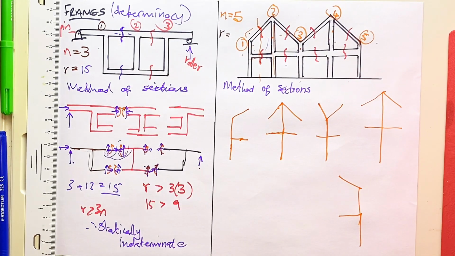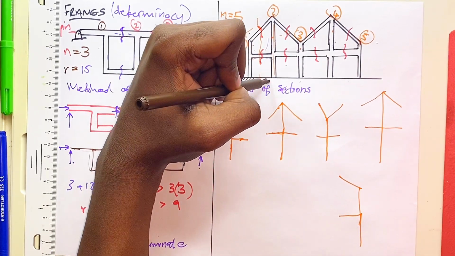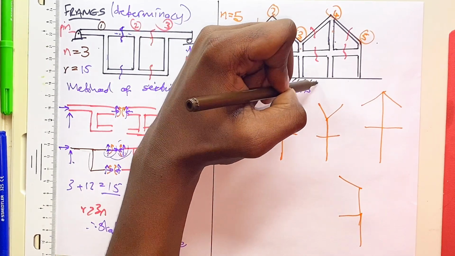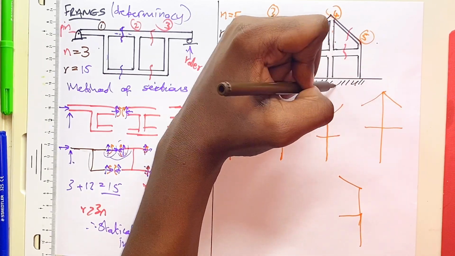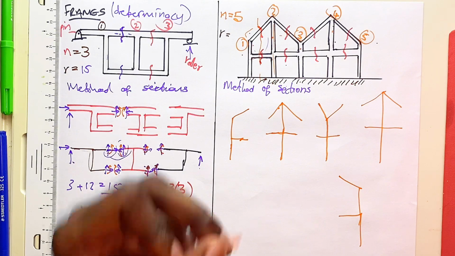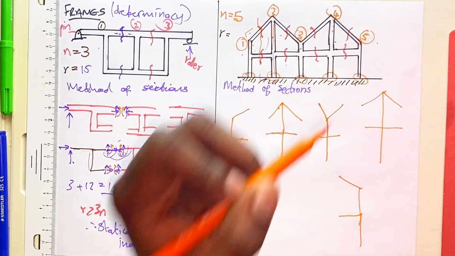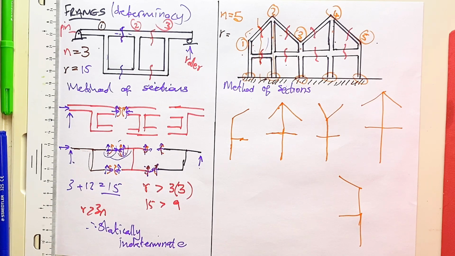Here you can see that this goes into the ground, so all the reactions, all the supports here that go into the ground will be fixed, meaning that here we have a fixed support, fixed support, fixed support, fixed support, and a fixed support.